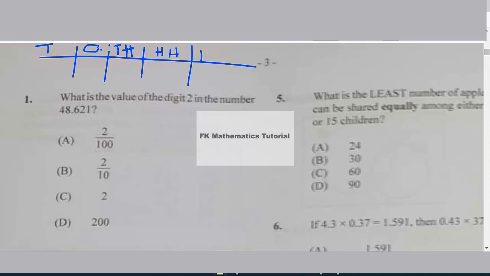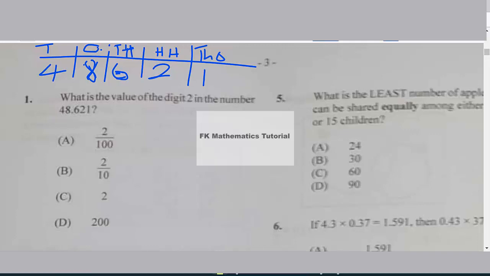So you realize that the 4 will be in the tens, then the 8 will be in the ones, then the 6 will be in the tenth, then the 2 will be in the hundredth, and the 1 will be in the thousandth.